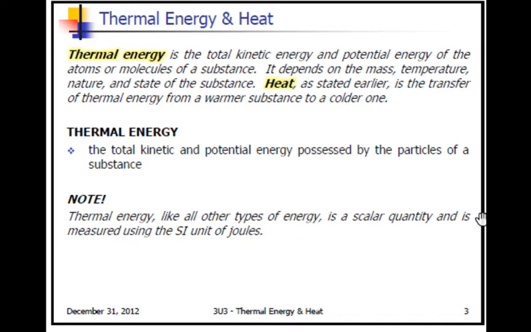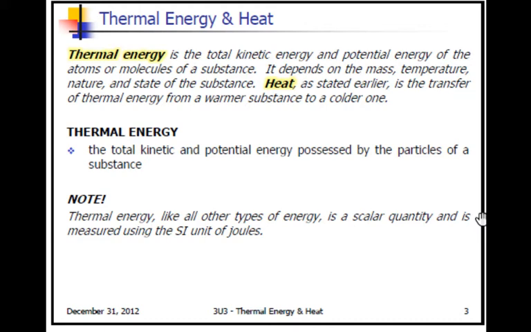So now let's think about this a bit differently. What do we mean when we're talking about the kinetic and potential energy possessed by the particles of a substance? Well, you would recognize that from the particle theory, all objects are a series of particles. And those particles could be molecules, for example.